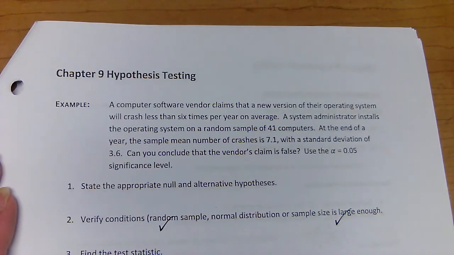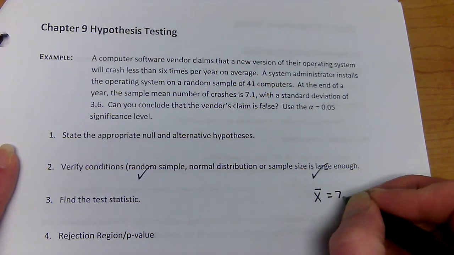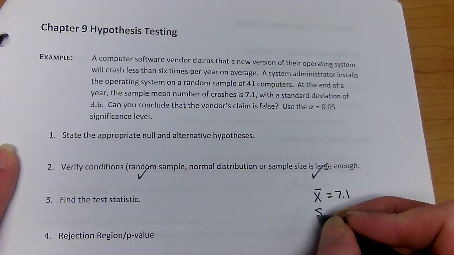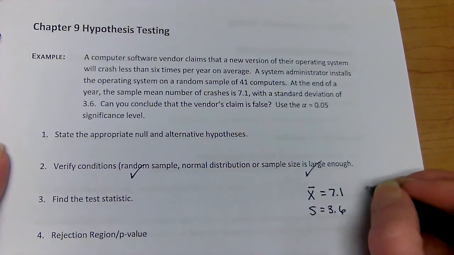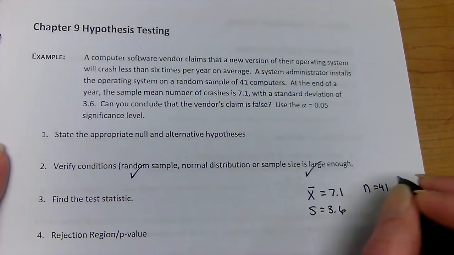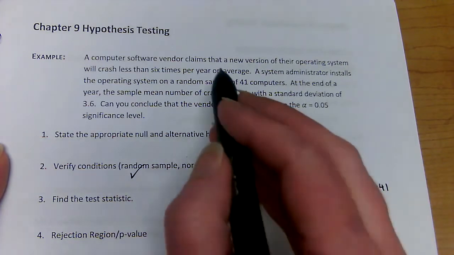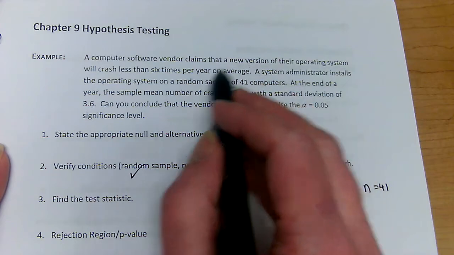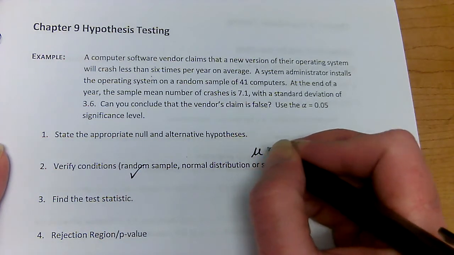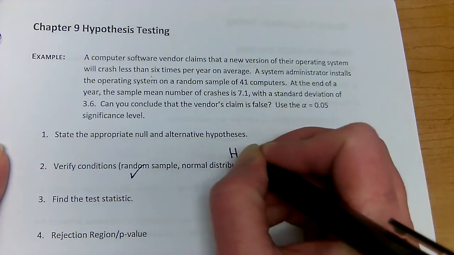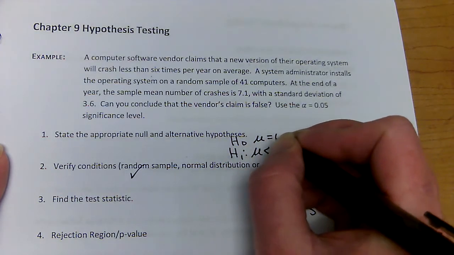At the end of the year, the sample mean number of crashes is 7.1, and the standard deviation is 3.6. So notice that that's talking about that sample. That means N is 41. Can you conclude the vendor's claim is false? So let's talk about what their claim was. The claim is that the new version will crash less than 6 times, so that the mean is less than 6. That's the claim.